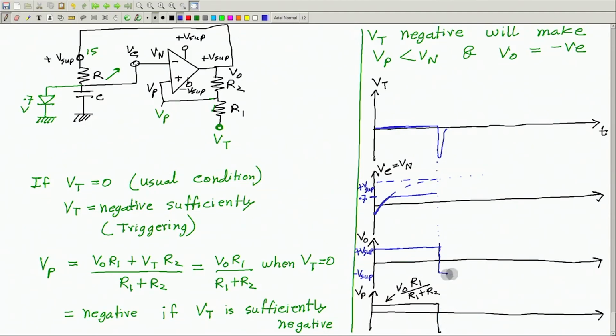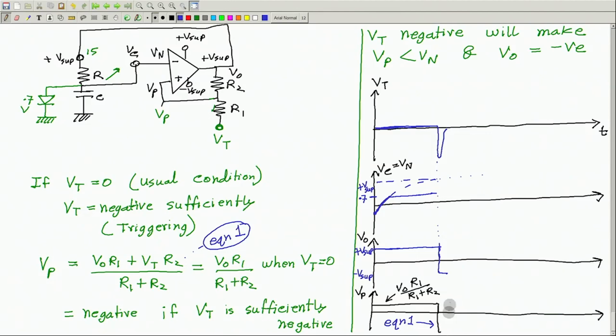Okay. Now when the output is negative, okay, then what happens? So now you see. So in this region, say let me call this equation 1. So here equation 1 is valid, okay.